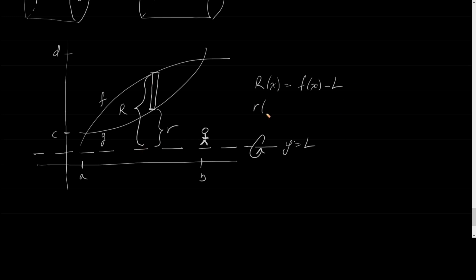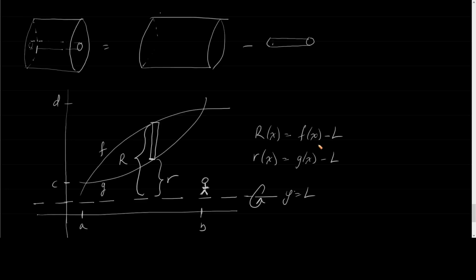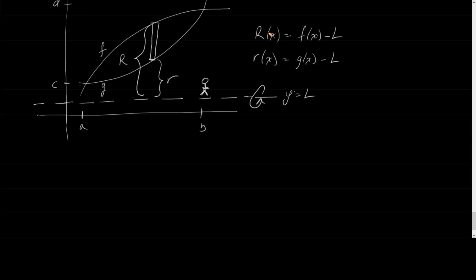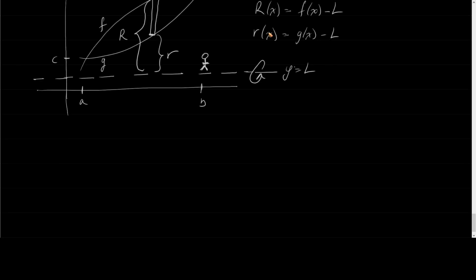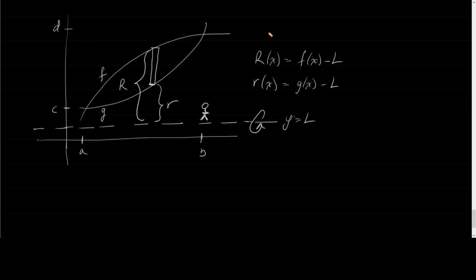And then our inner radius, or small radius, is this distance, so it's going to be g of x minus L. Now let's take the idea up here. We need to take the volume of the big piece minus the volume of the small piece, or the volume of the bigger radius things minus the volume of the smaller radius things.